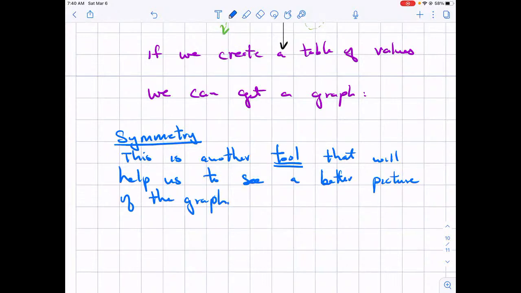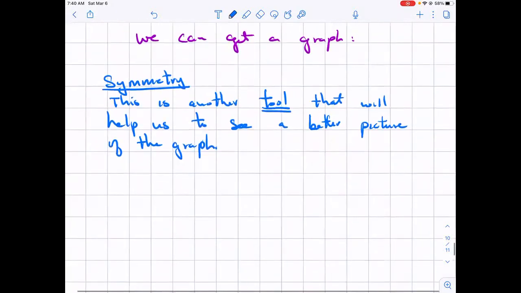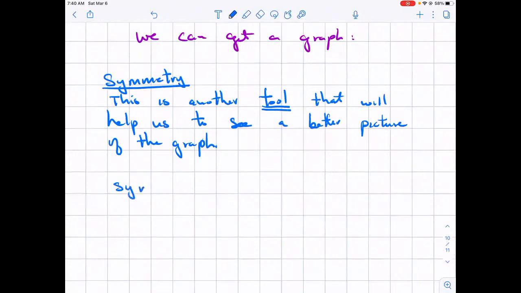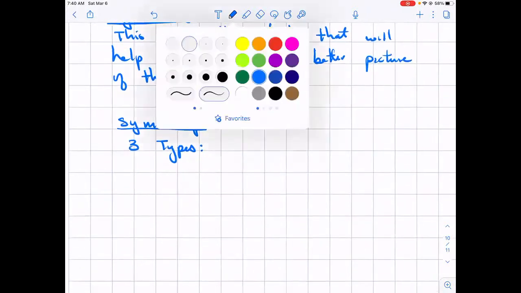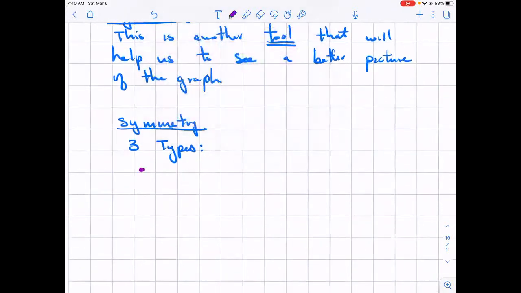Now we can have symmetry. When we speak of symmetry, we can have 3 types of symmetry. Those are, we will have what is called x-axis symmetry.